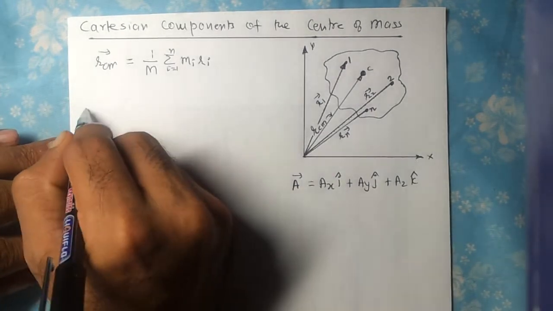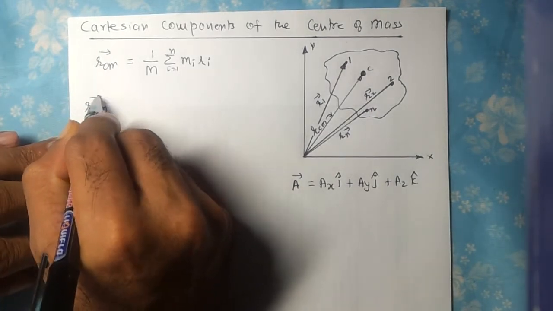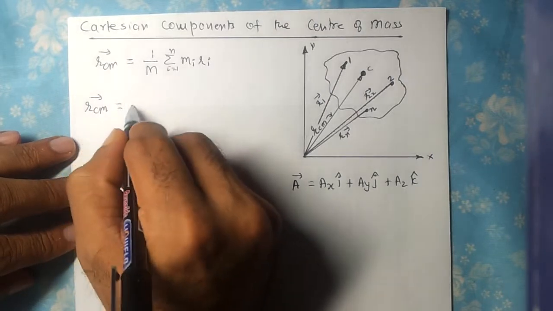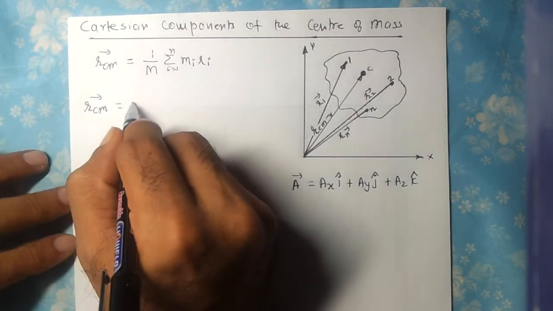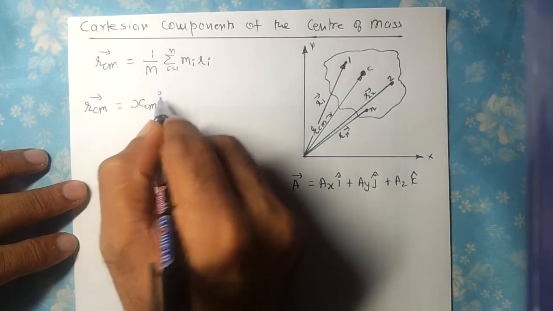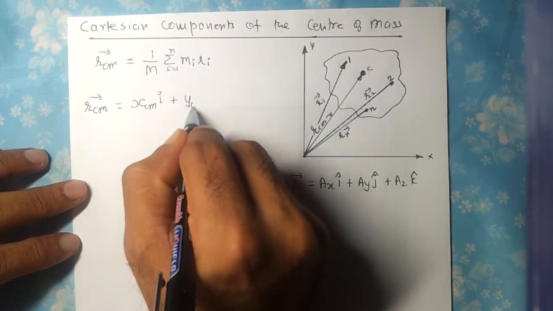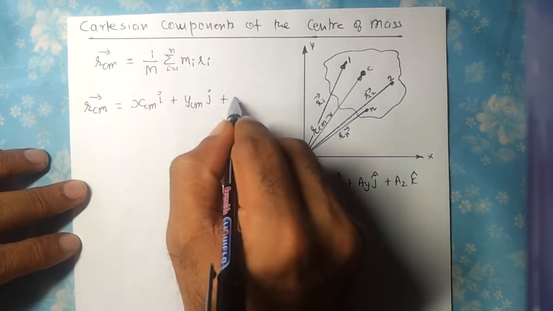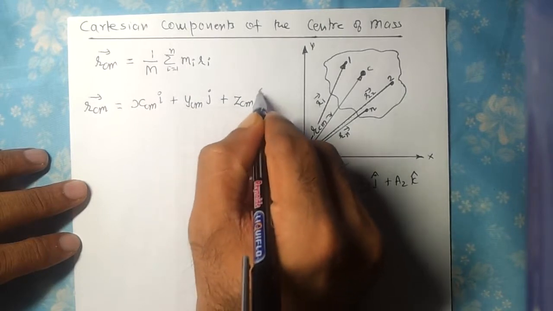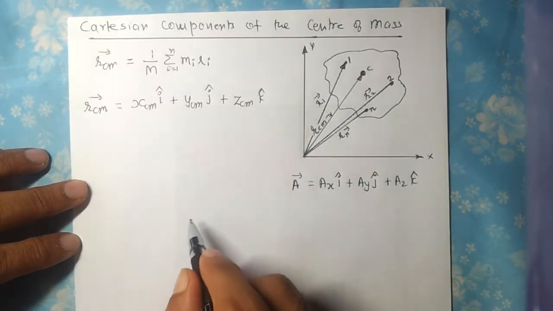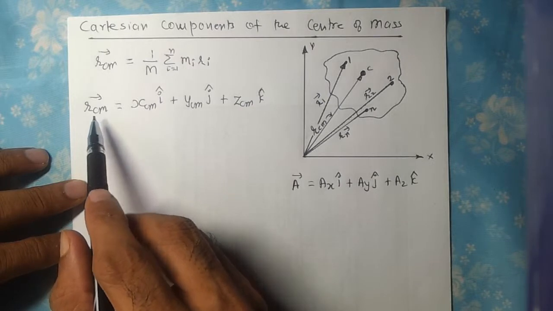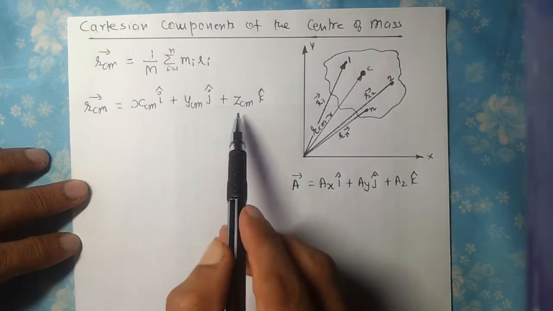Now the position vector RCM can be written as XCM i plus YCM j plus ZCM k. So I can represent any vector in the form of its orthogonal unit vectors.